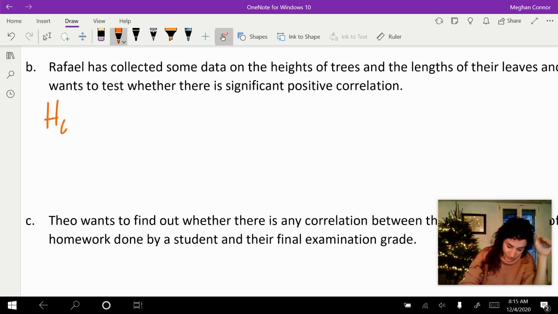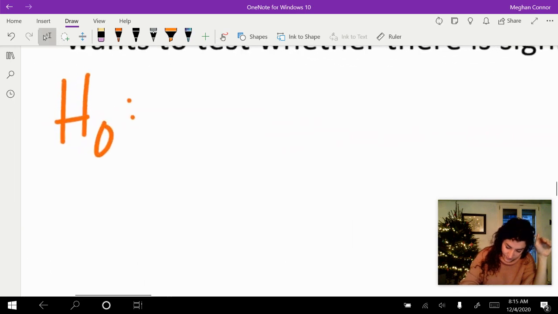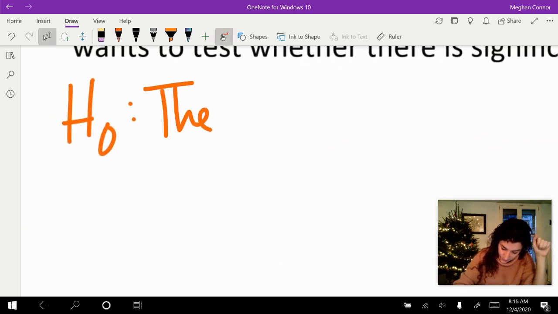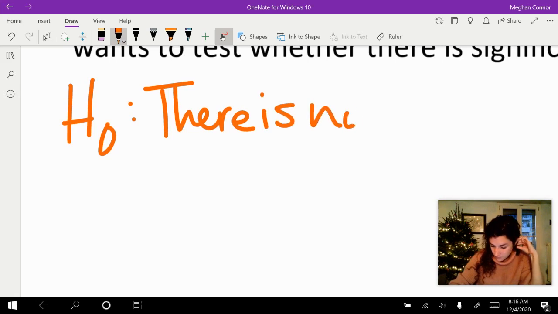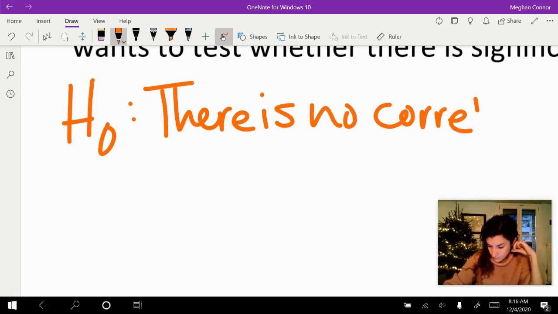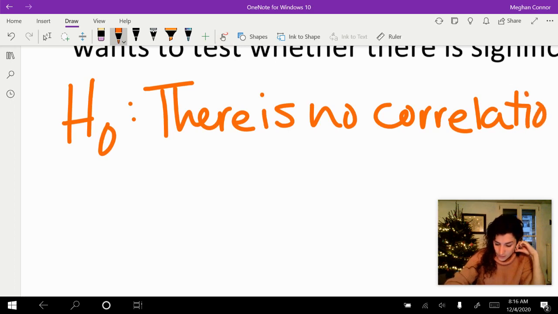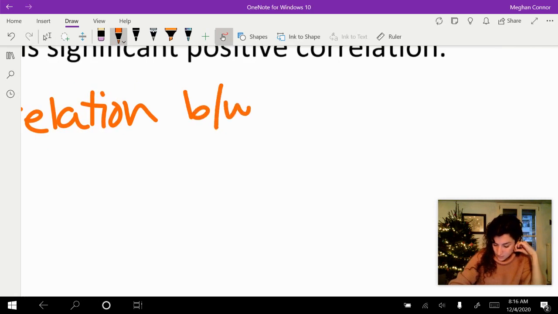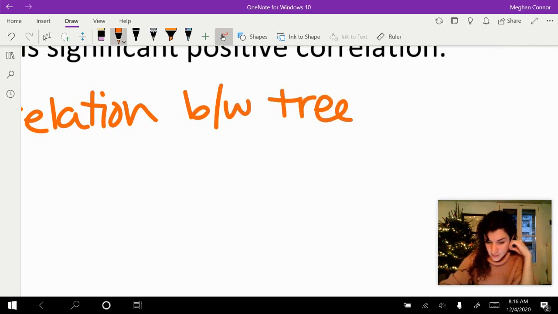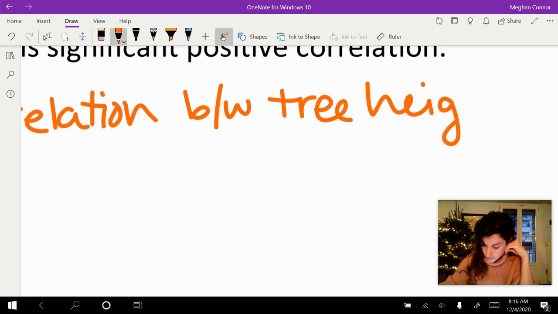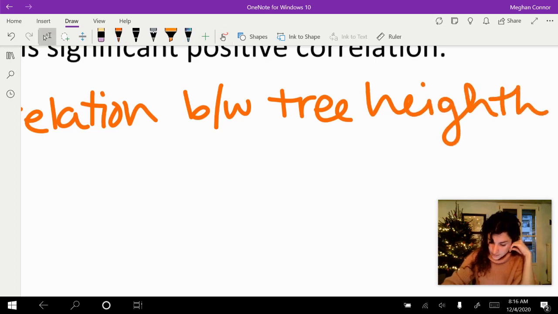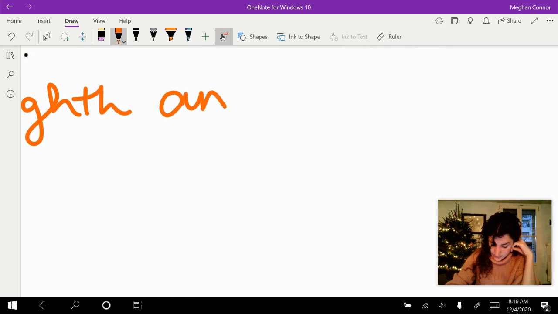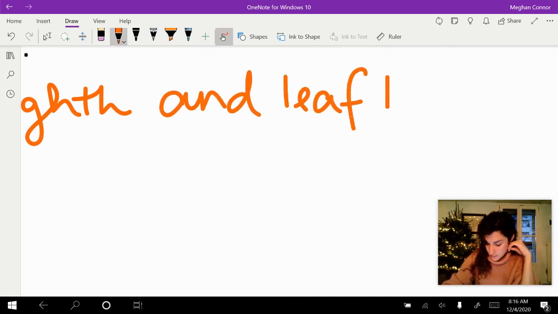So H sub 0: there is no correlation between tree height and leaf length.